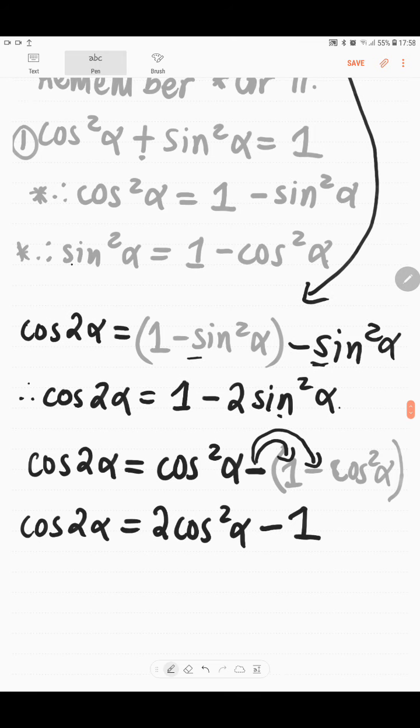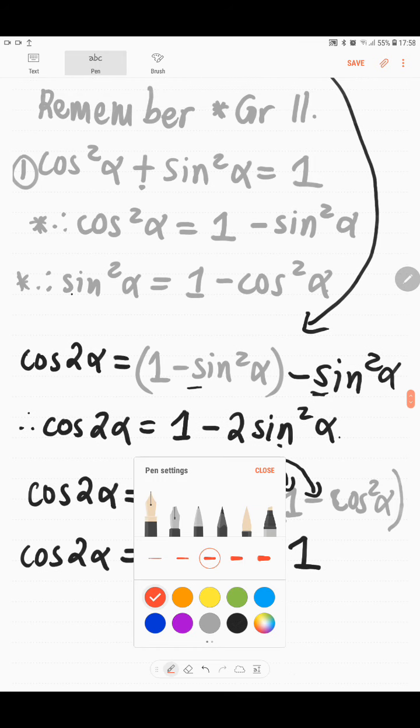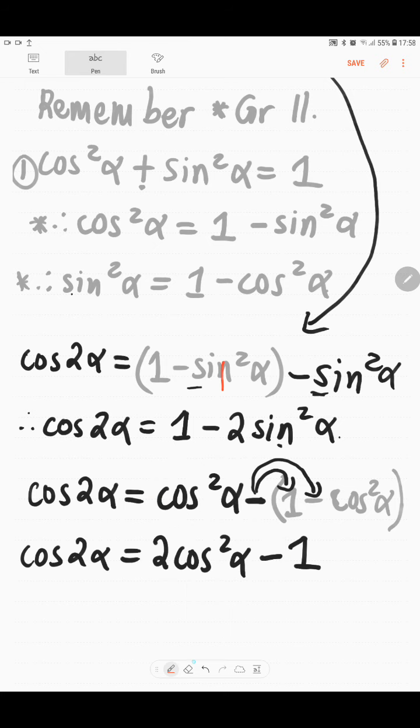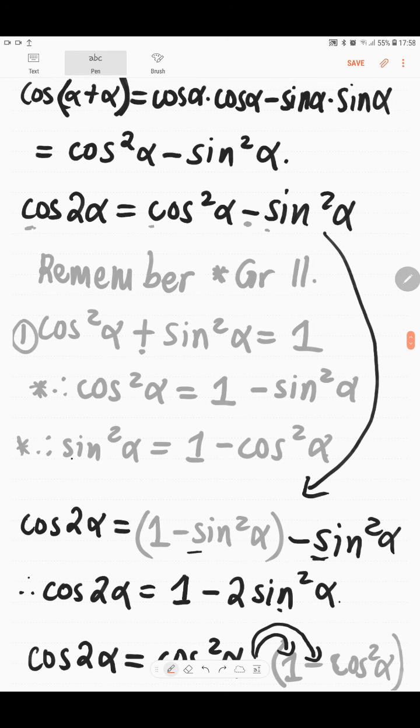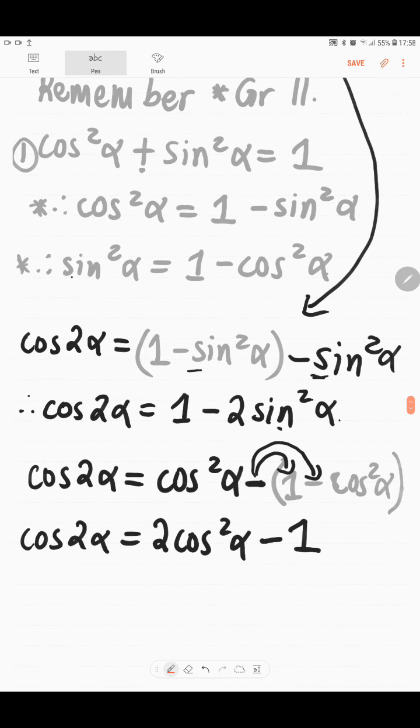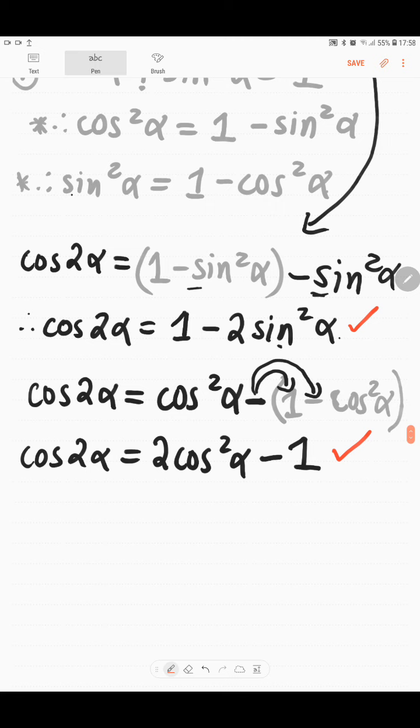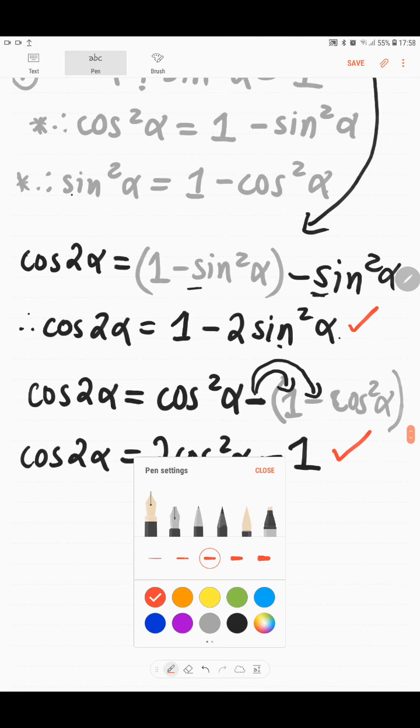So then we now have these three. We now have this one as the first cosine double angle, as well as this one, as well as this one. And so we write them in the following manner.